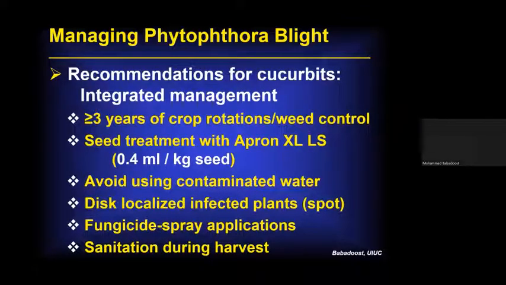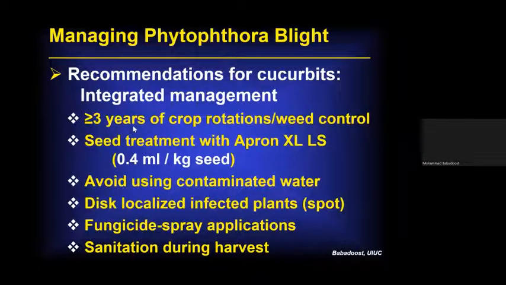If anyone in the world comes up with resistant cultivars of any cucurbit against this disease, they will be a hero. They can easily publish the paper in any journal. We don't have it. So what we have to do is go step by step, integrated management.